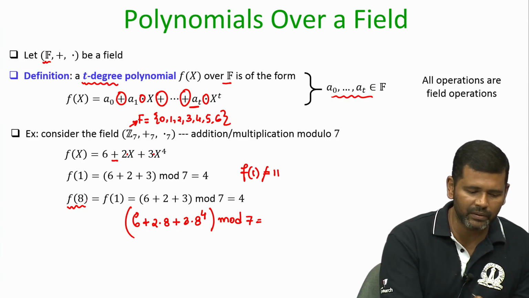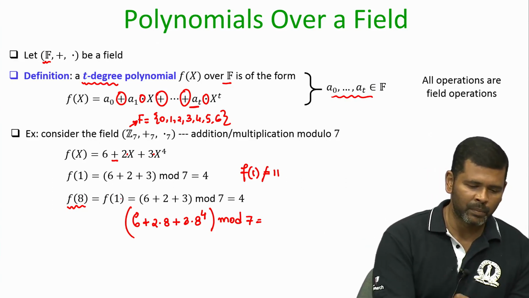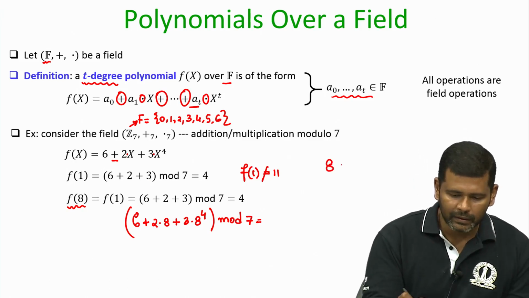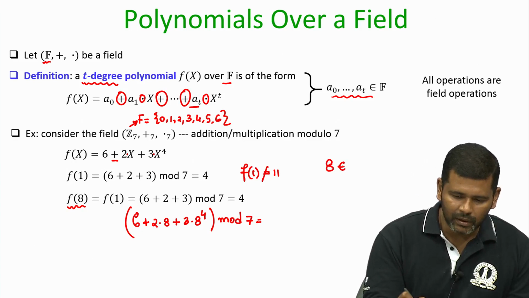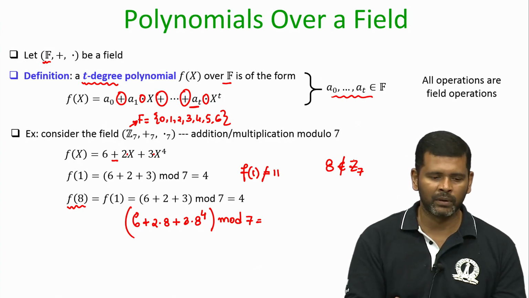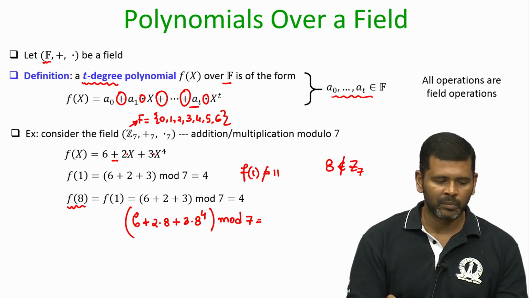Instead, what I can do is the following. The element 8 can be reduced modulo 7 itself, because 8 is actually not a member of the field Z7, but I can make it a member of Z7 by reducing it modulo 7, because my operations here are performed modulo 7.